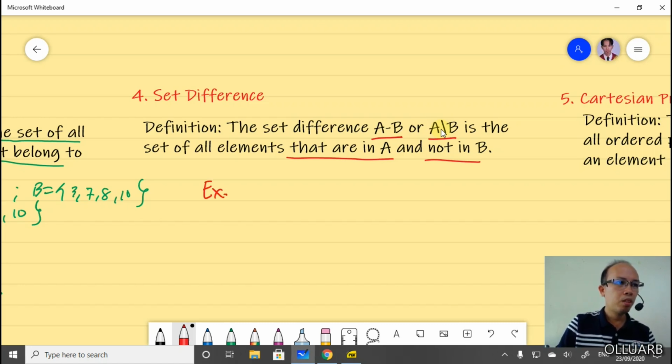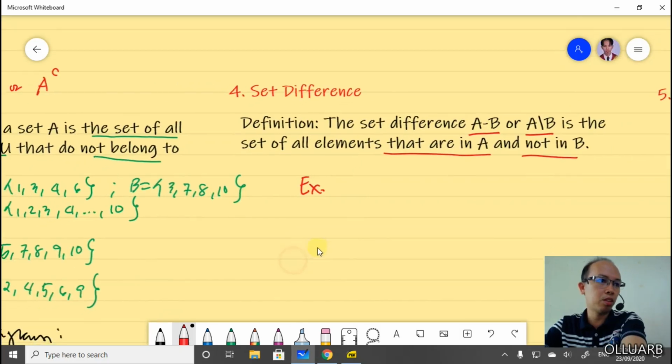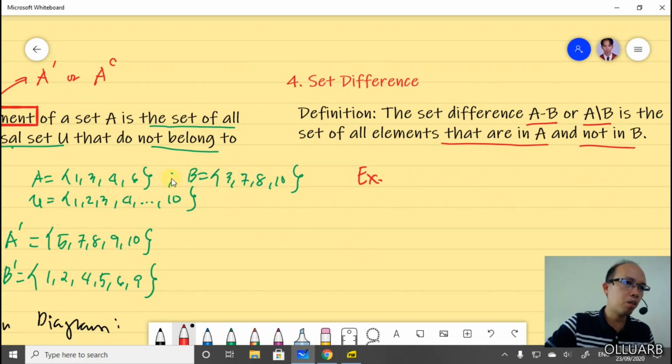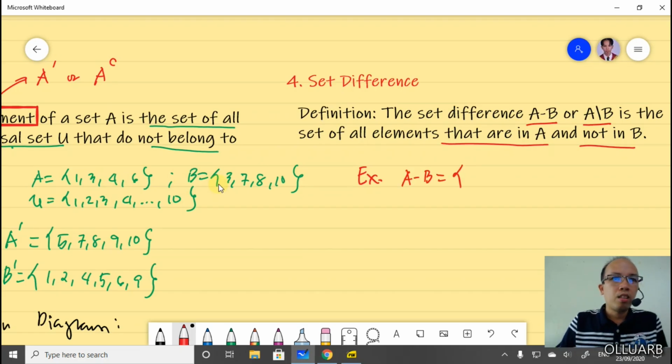In this previous example, you can perform the difference of sets without a universal set. So this is our A and B. Just analyze, look at the definition.